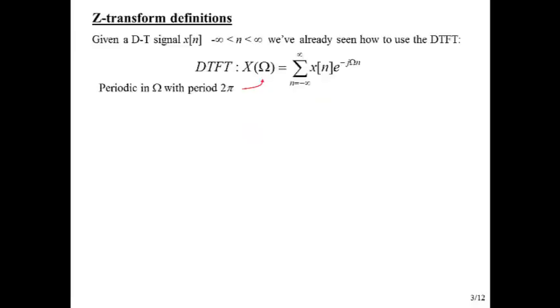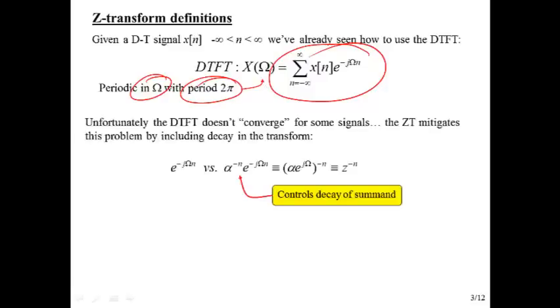So let's define what the Z transform is, but we're going to creep up on it by revisiting the DTFT. So we've seen this already. We know that it's periodic in omega with a period of 2 pi, and this is how we defined it. We can see that we have an infinite sum here in general, and if you remember from Calc 2, when you have an infinite sum, you have to worry about whether it is converging or not.